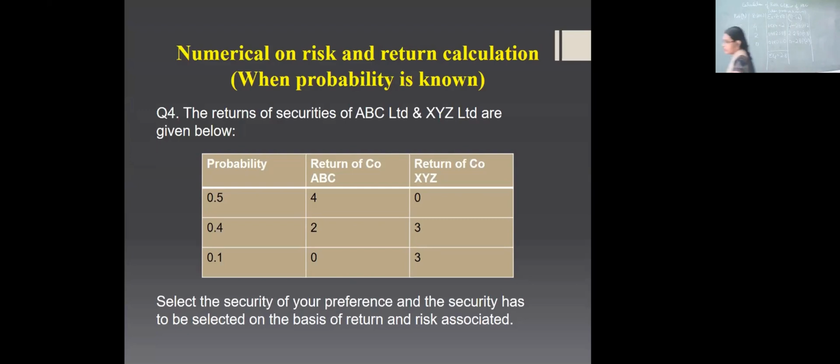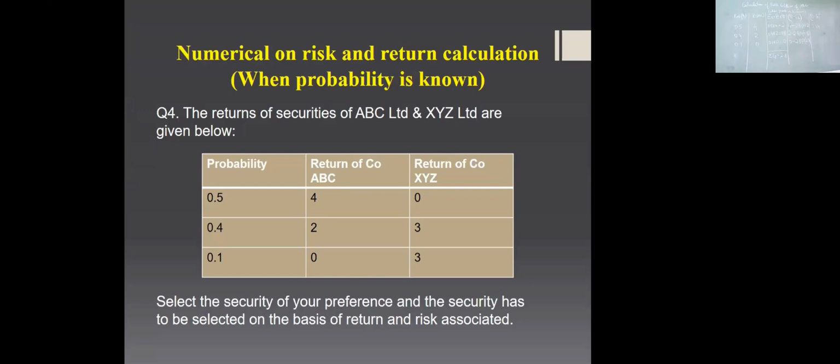In the next column, we will square these values: RI minus ER, the whole square. So 1.2 square is how much? 1.44. Next, 0.8 square.